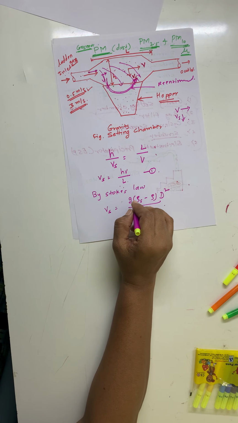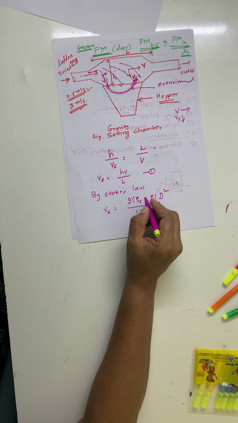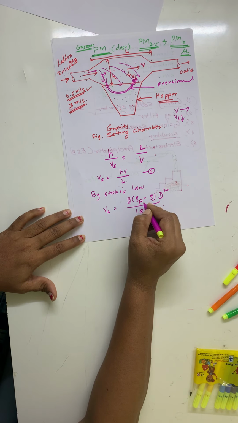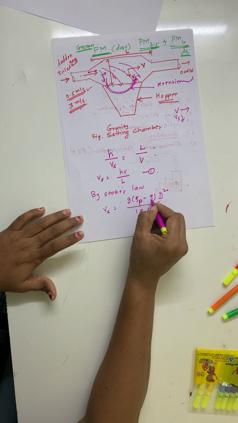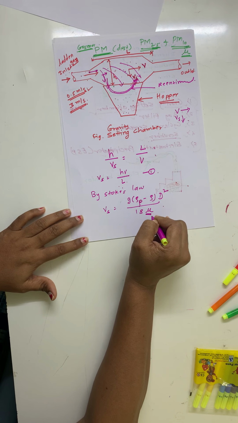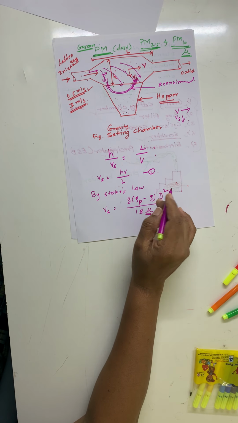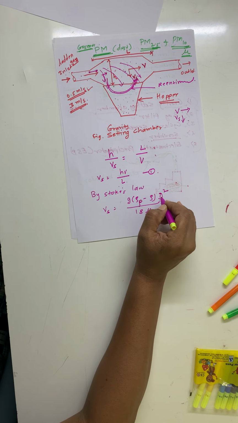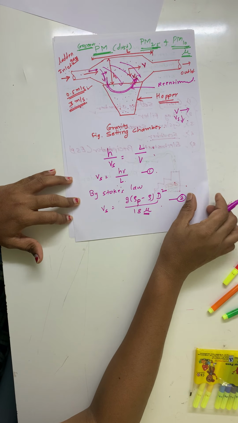In that, G is the acceleration due to gravity, rho s is the density of the particle, or we can give the notation rho p, density of particulate matter. Rho is the density of gas, mu is the viscosity of gas, and d is the diameter of the particle which we want to remove from the gas. This is equation number 2.